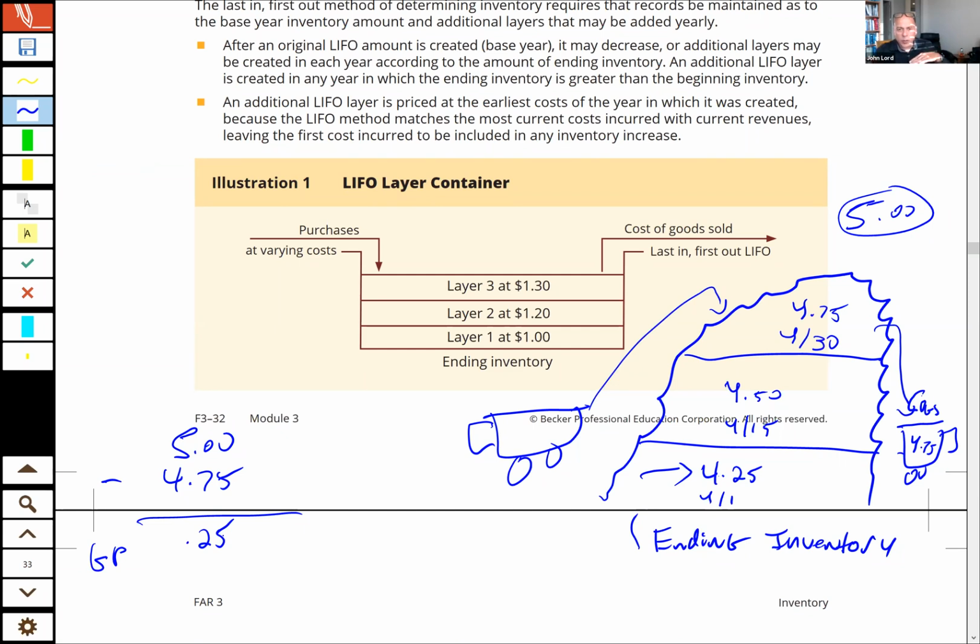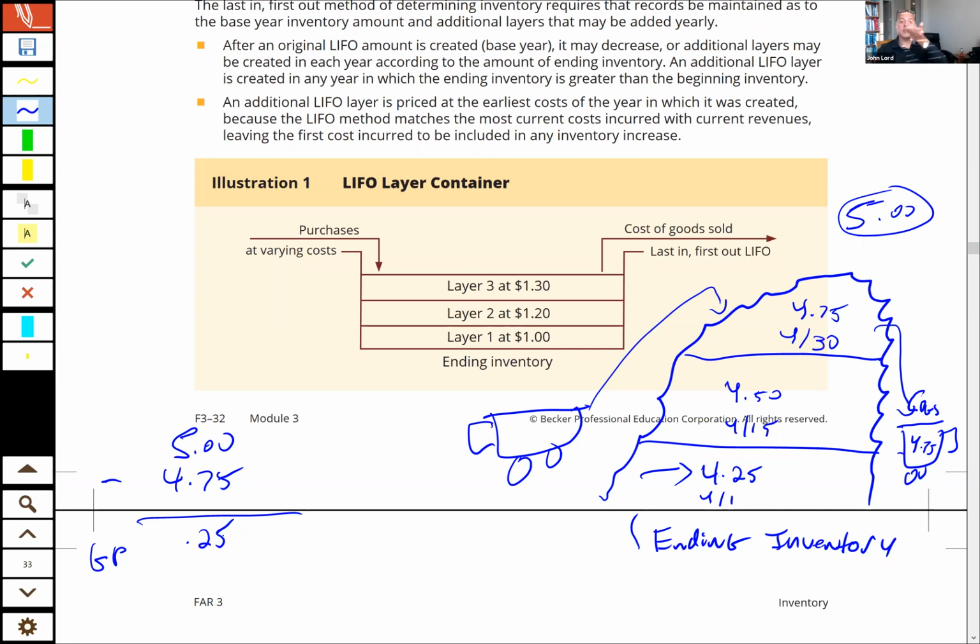So we have a lower gross profit, thus a lower net income. And companies want to keep that lower net income for tax purposes so they don't have to pay as much tax. So that's one of the main reasons that they got up in the face of Congress and said, don't let FASB push us over to IFRS, because they were worried that if they lost it for financial reporting purposes, they won't be able to use it for tax purposes.